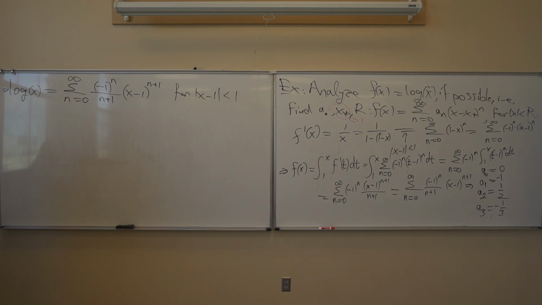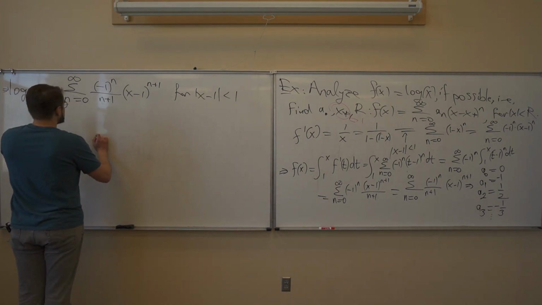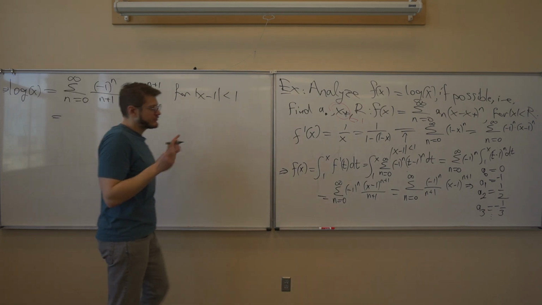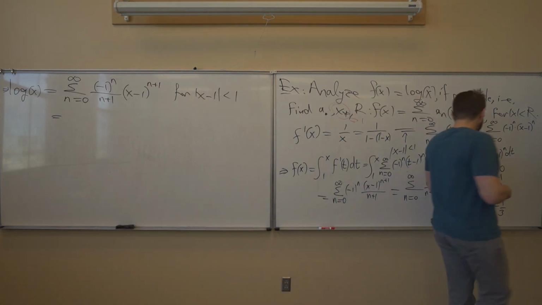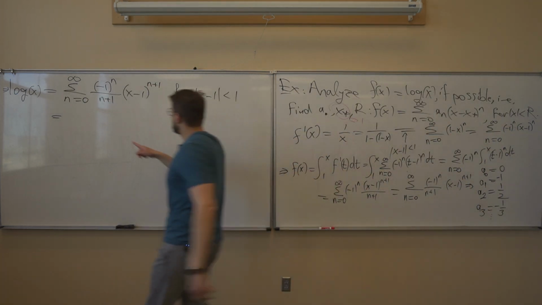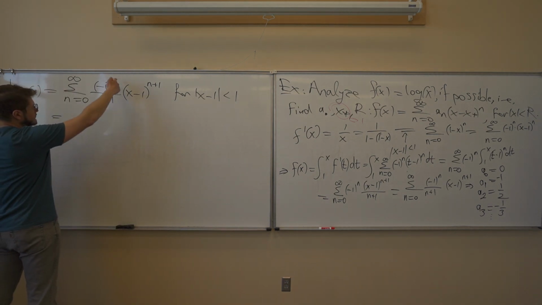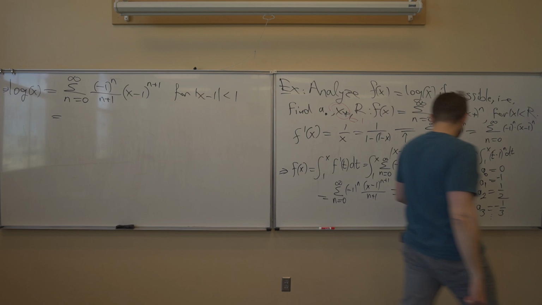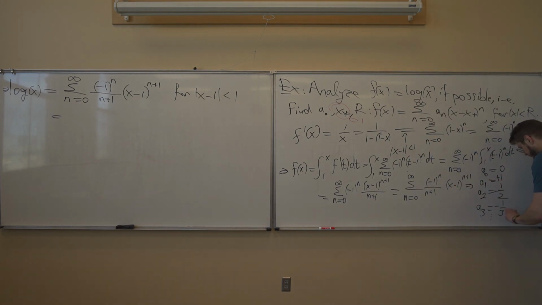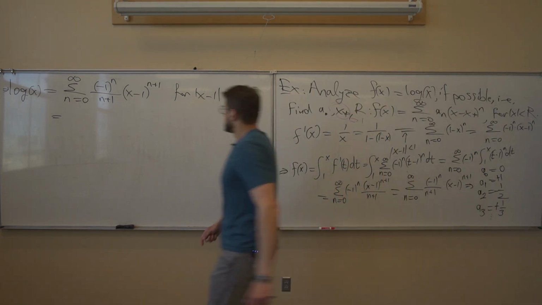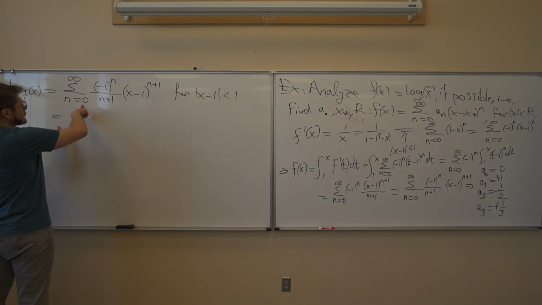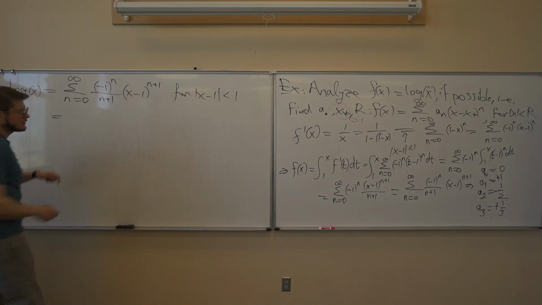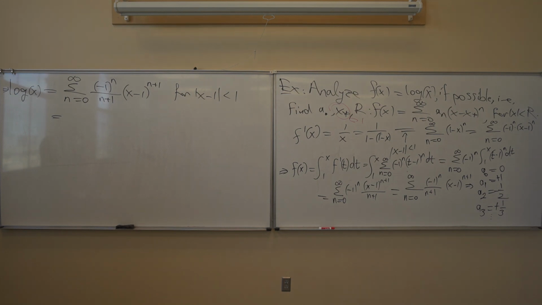And so writing this out, it starts at 0. So the 0th order term is 0. And then when n equals 0 here, this becomes 1. Oh, it should be the other way around, I guess. Oh, yeah, so this is a plus, this is a minus, this is a plus. When n equals 1, that's a minus divided by 2. Oh, hang on. I messed up the signs again.